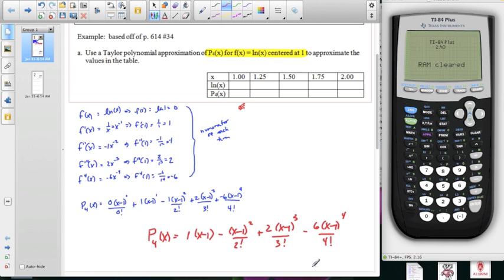So that is the expression for the approximation.